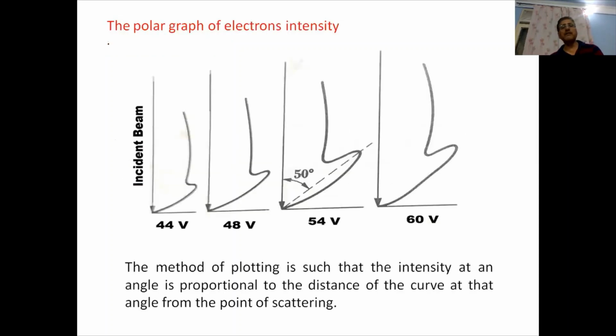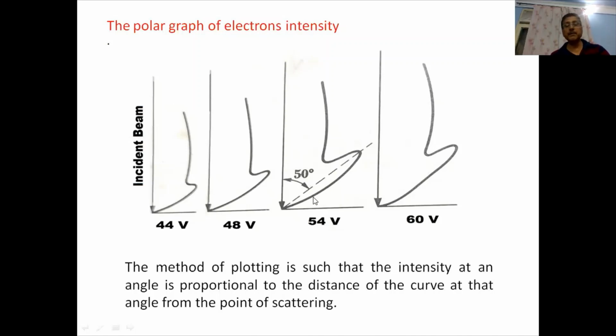Here is a polar graph of electron intensity. This is the incident beam, and these are the different accelerating voltages of the electrons. For example, for 54 electron volts, this angle is shown to be 50 degrees.